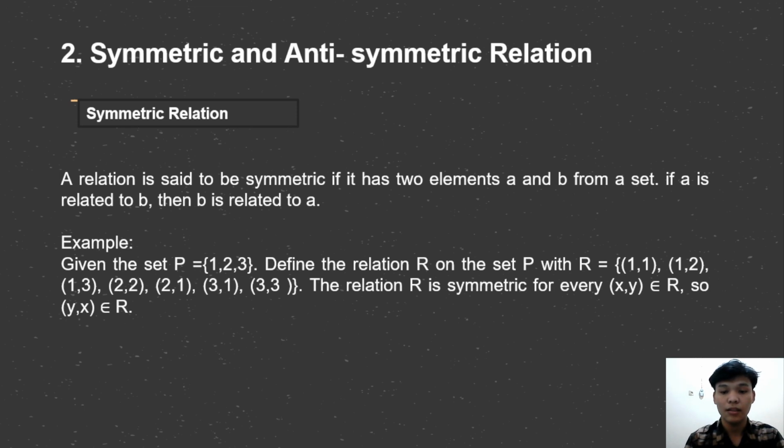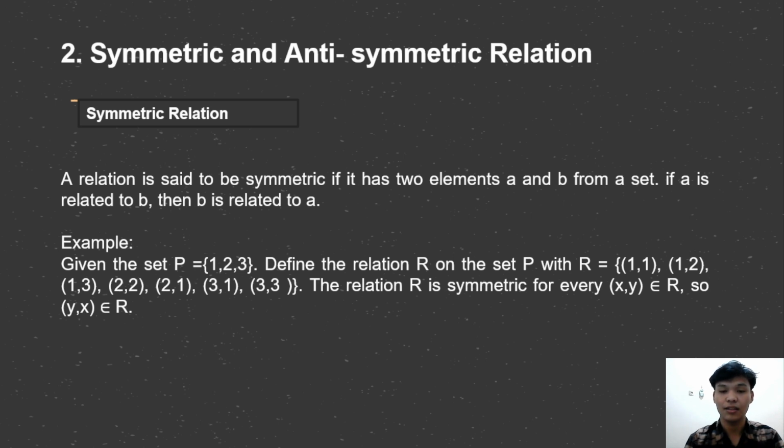Symmetric and antisymmetric relation. A symmetric relation is a relation that is said to be symmetric if it has two elements A and B from a set, and if A is related to B, then B is related to A. For example, given the set P is equal to {1, 2, 3}, we find the relation R on the set P with R = {(1,1), (1,2), (1,3), (2,2), (2,1), (3,1), (3,3)}.